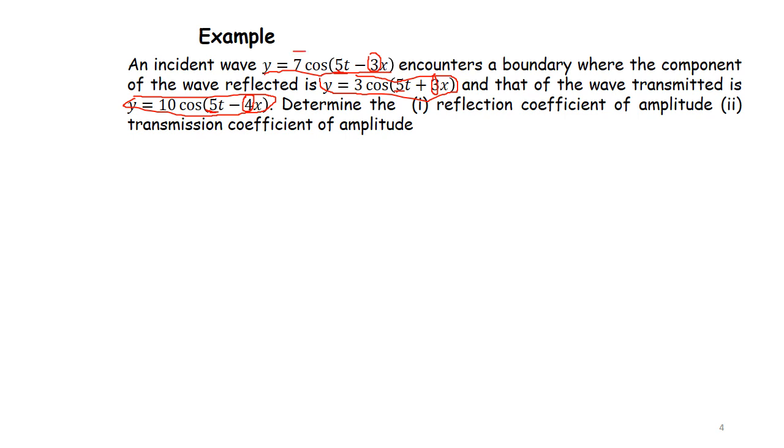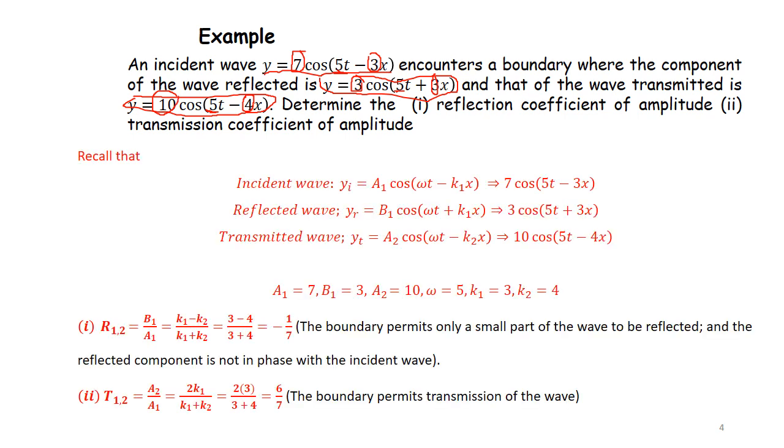Then you have A1, the amplitude of the incident wave, B1, the amplitude of the reflected wave, and A2, the amplitude of the transmitted wave. So from there you can work it out.